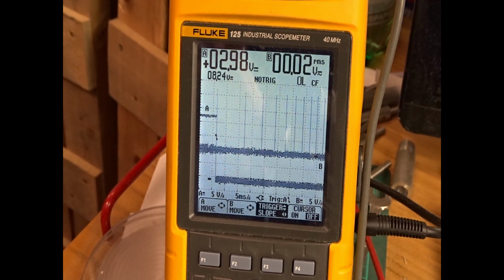I'm going to let this program run because it behaves a bit weird if I cut the program midstream.